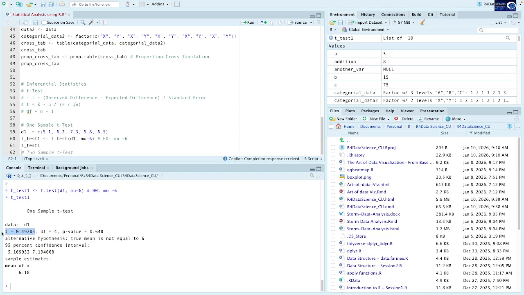We also have degrees of freedom, which is 4. Here we have 5 observations, so degrees of freedom is n minus 1, that is 4. And we also have the p value, which is 0.648.